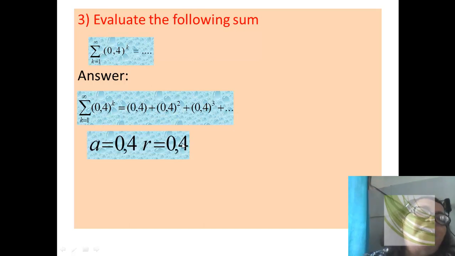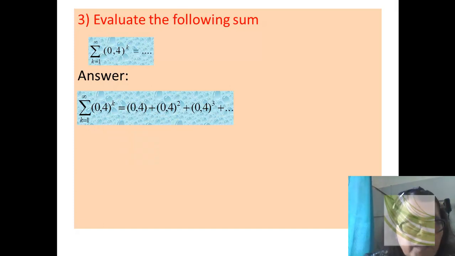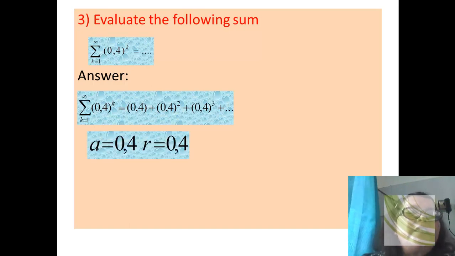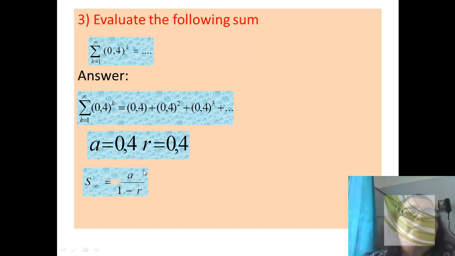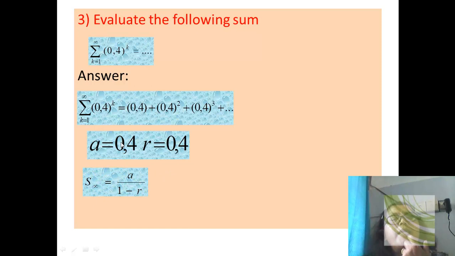Okay, this is the form of a geometric series. Here a equals 0.4 and r equals 0.4. This is the formula. Now we put this a and r into the formula.